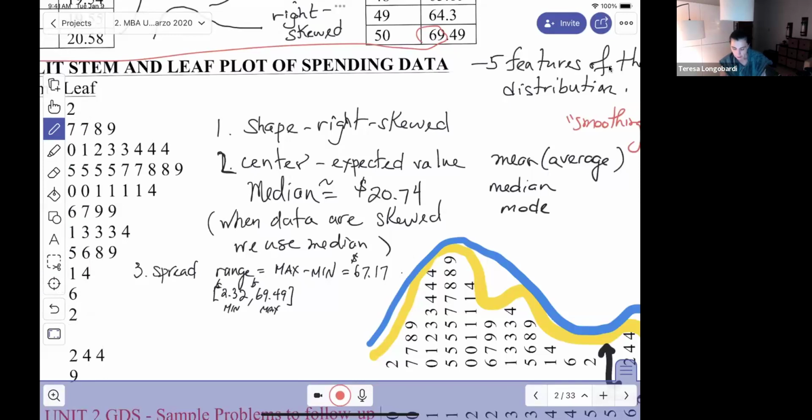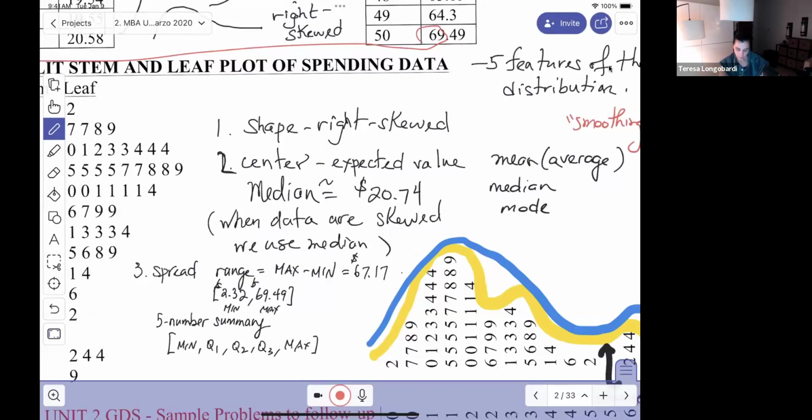So we have the center and we have the spread. When the data are skewed, there's another measure of spread that we like to use, and that is called the 5-number summary. Now we already have 3 of the 5 numbers. You have to put the minimum, Q1, Q2, Q3, and the maximum.